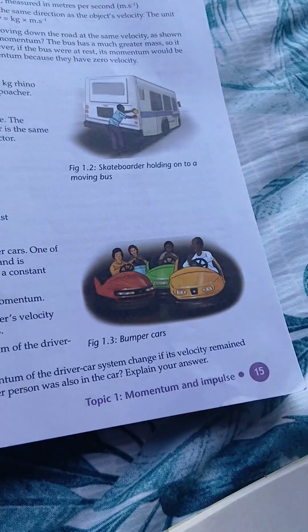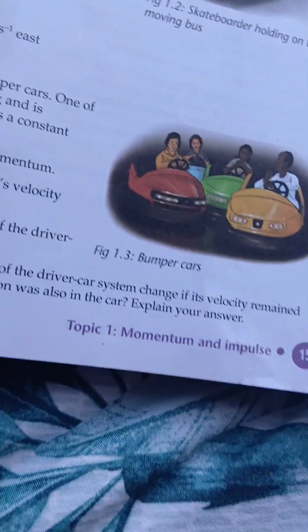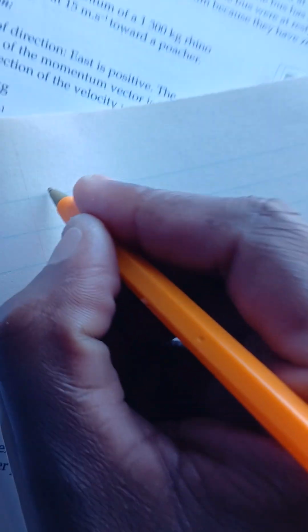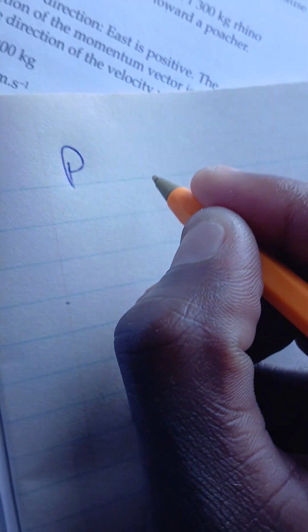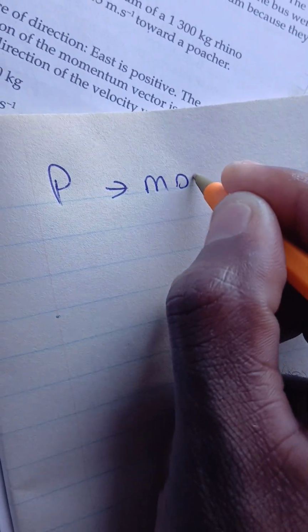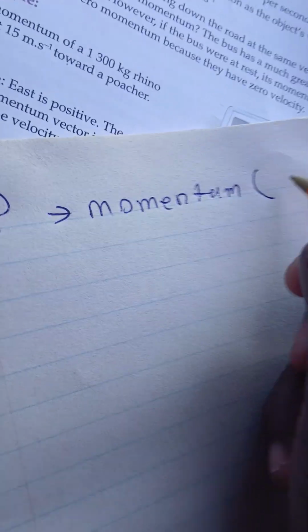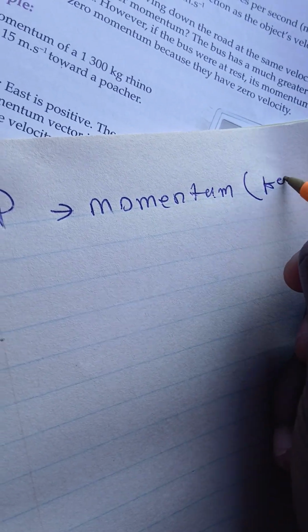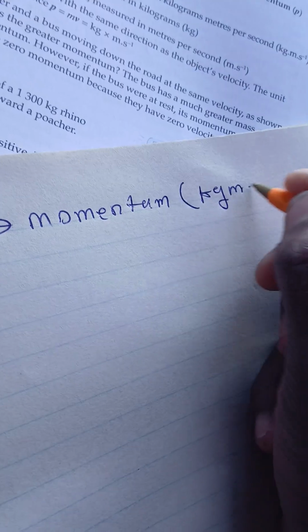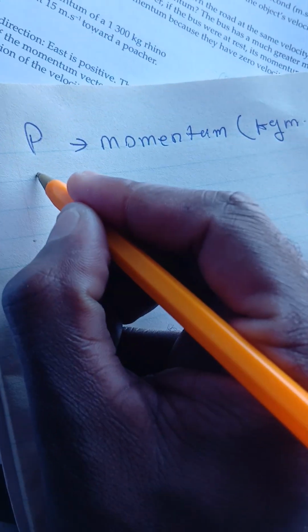Last time I did teach you that momentum will be represented by the letter P. So P stands for momentum, and the SI units are kg·m/s.